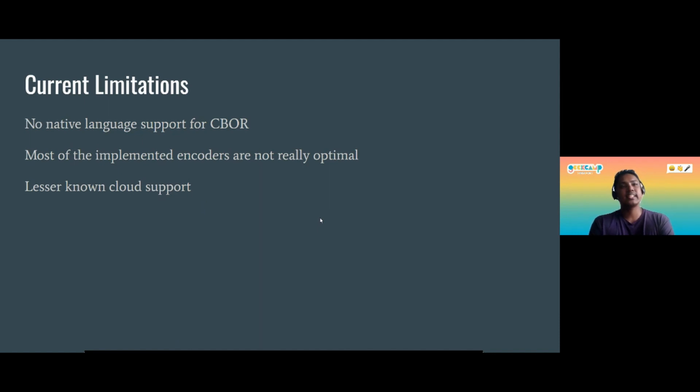And another one is the lesser known cloud support. If you see Azure or AWS, when you try to send a message from a device to that cloud, like to the IoT Hub or anywhere else, usually we use HTTP over JSON or MQTT or AMQP.